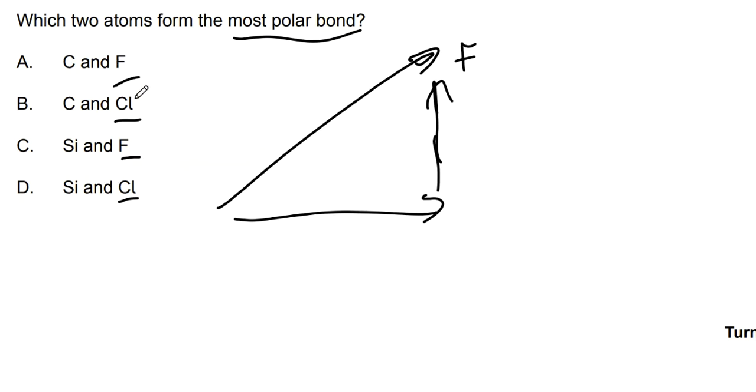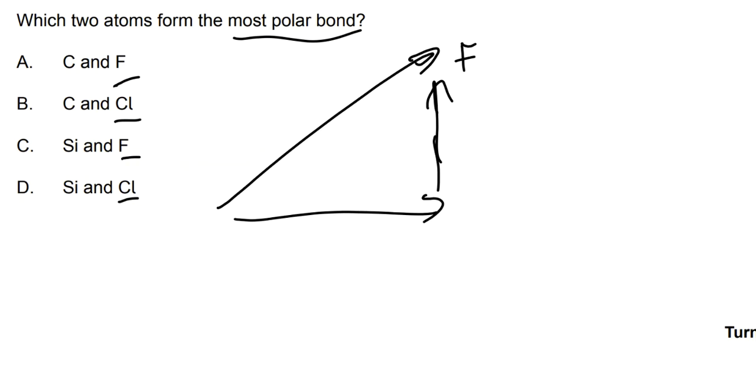But since we're looking at the most polar bond, we've got to look at the biggest difference. Well, the biggest difference would be something with fluorine rather than chlorine because fluorine has a higher electronegativity than chlorine. Carbon and silicon, I know for a fact, have lower electronegativities than fluorine and chlorine.